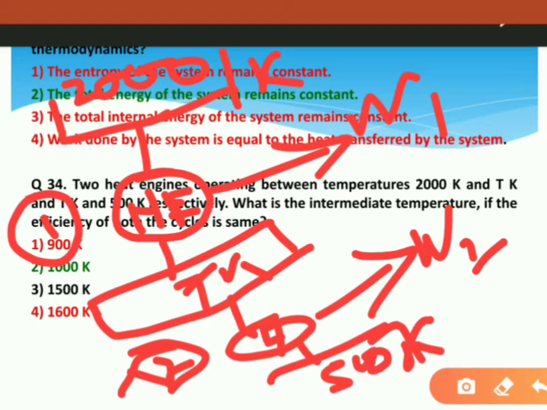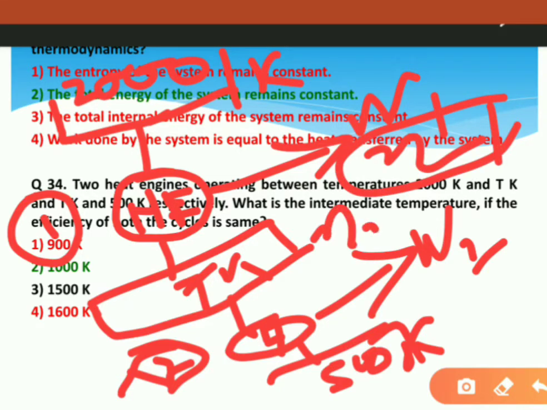According to the question, efficiency 1 is equal to efficiency 2.